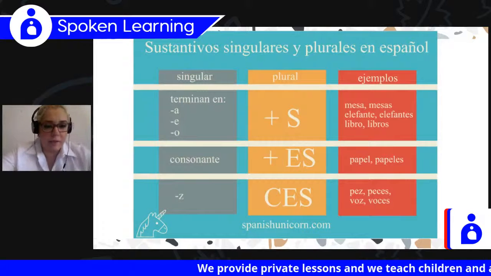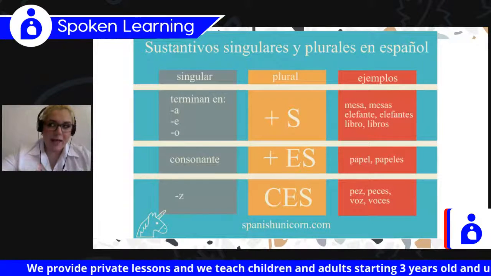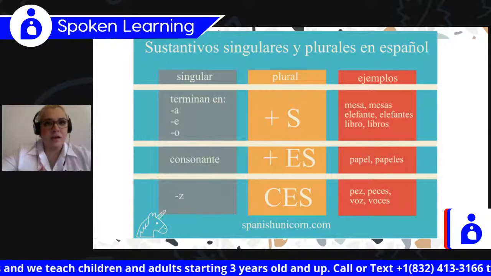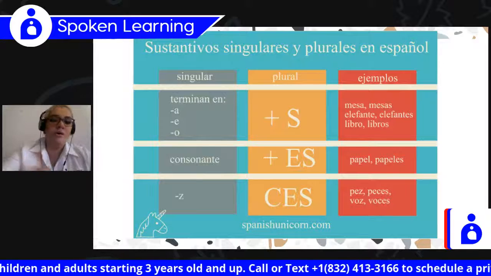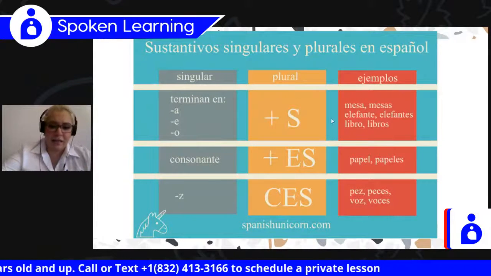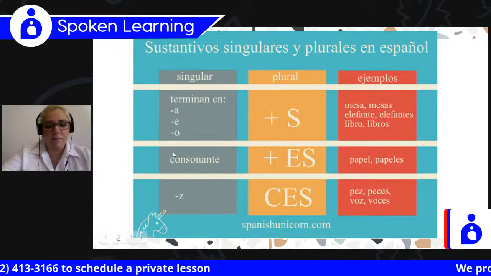When you have words that end with a vowel, the only thing to make it plural is to add an S. Very common, as in English, actually, it's the same.